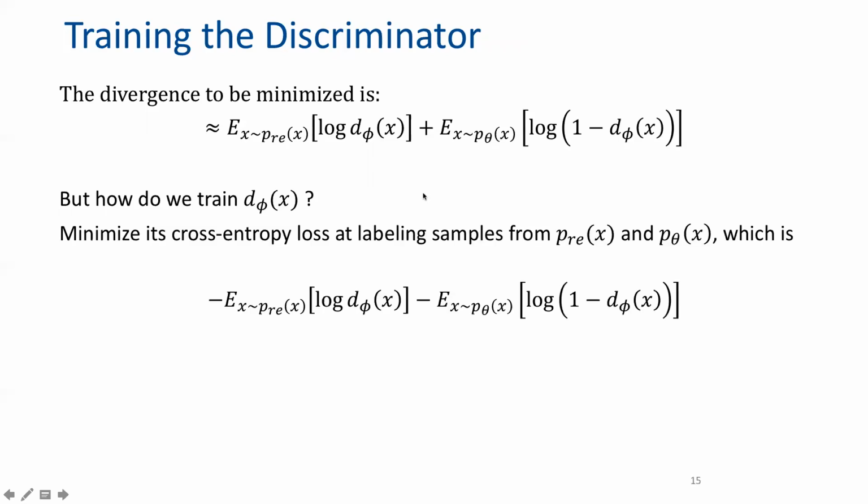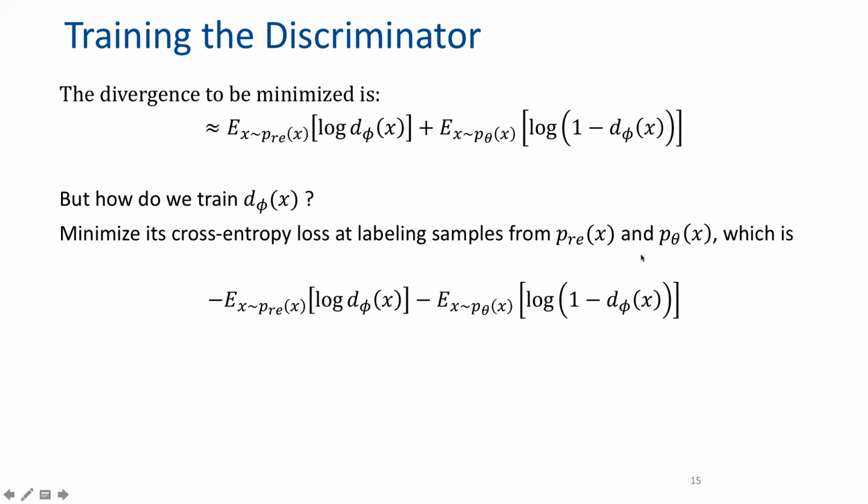Okay, so in a moment we'll make a remarkable observation, but first, if we train a classifier in the normal way, we would use cross entropy loss, and that means that we would take samples from one distribution. I guess you have to believe me that this expression is the cross entropy loss for classifying these two samples.